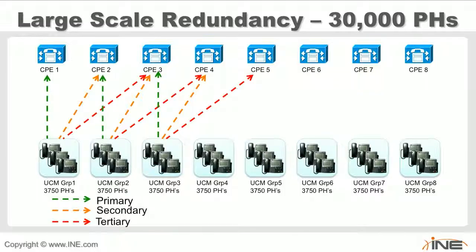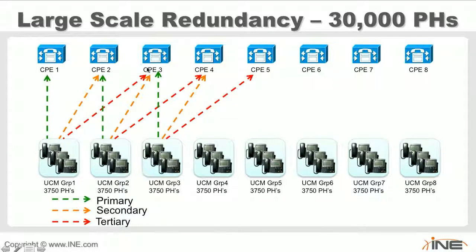Now, if any one group of phones were to fail, the potential for any call processing node subscriber UCM server would be to take on an additional load, and possibly 3. So if two different groups happen to go down, let's say CPE 3, and group 2, its CPE 2 goes down, all of a sudden those phones are going to come over to CPE 3, and CPE 1 server goes down, and CPE 2 server was already down.